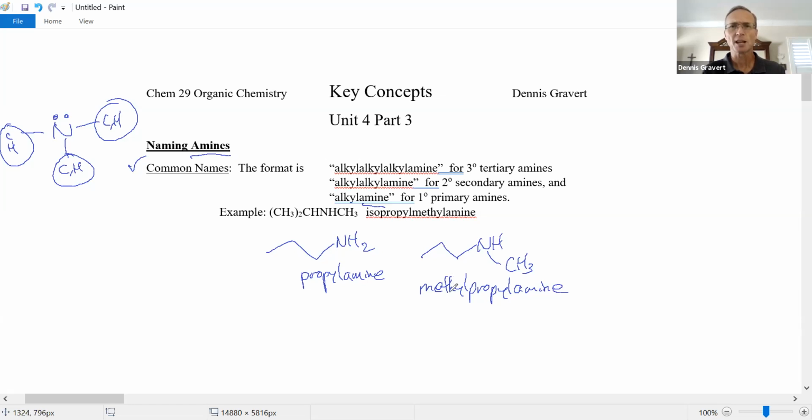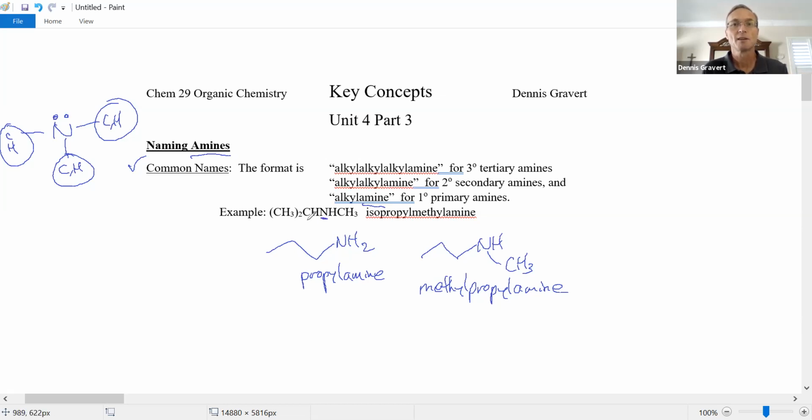That was a pattern for naming ethers, giving ethers a common name. The one weird thing is that when we named the ethers, we had spaces between methyl, propyl, ether, and for the amines, you don't. I won't take points off of that. Okay, so simply speaking, that's how you do it.